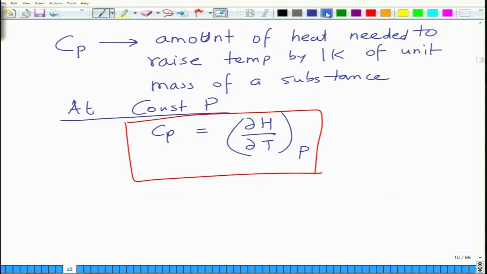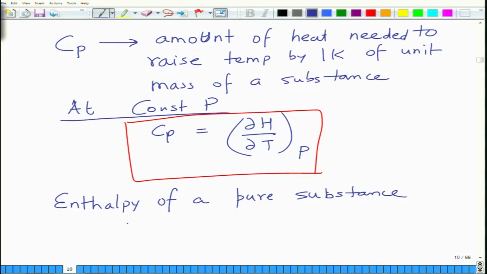Now, another thing that we need to note is enthalpy of a pure substance, H is equal to 0 at 298 Kelvin. This is what is taken as a reference level.